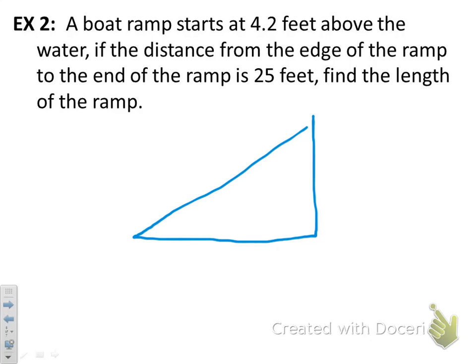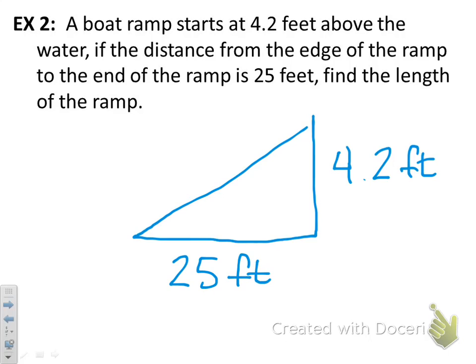Not a very good drawing here, but we'll just take it. The height is 4.2 feet, and the distance from the edge of the ramp to the end of the ramp is 25 feet. And you want to find the length of the ramp.